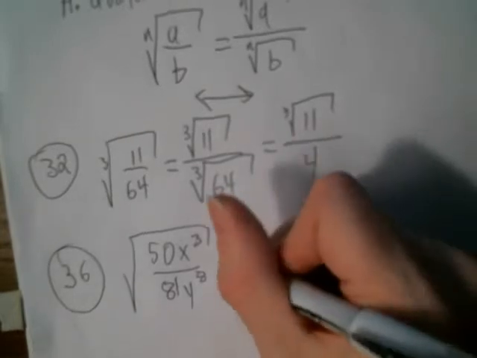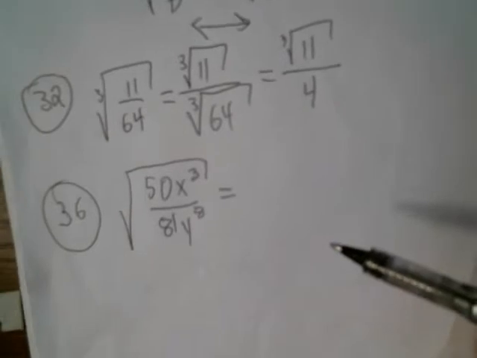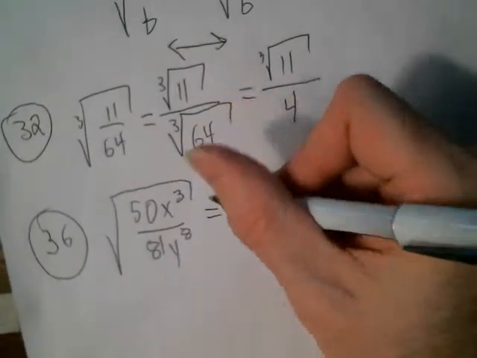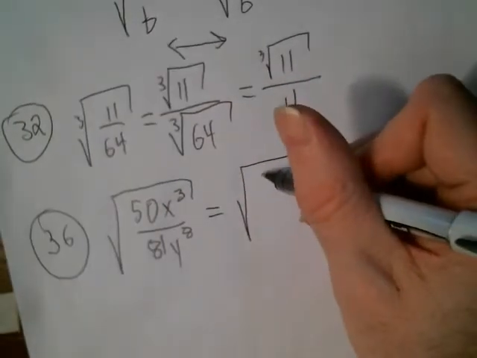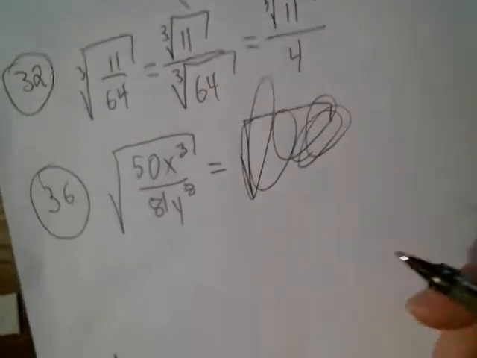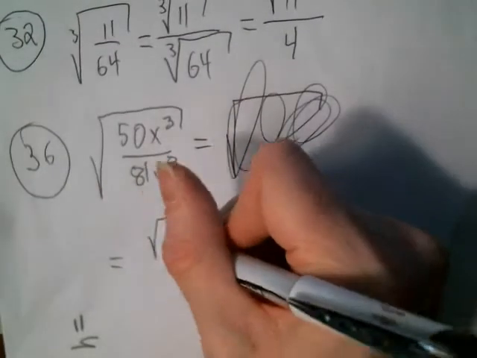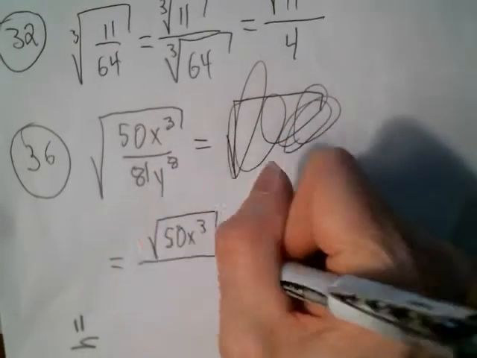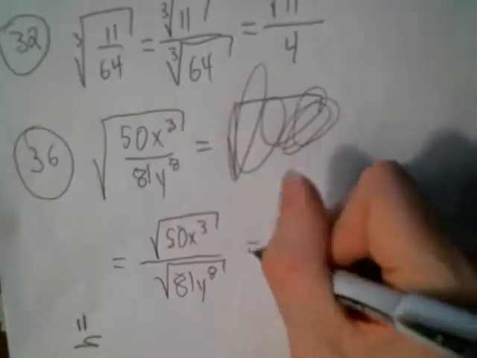Okay. You always kind of want to simplify these things before you get carried away. I think that's a good idea, but here I don't think there's going to be any simplification to worry about. We'll just split it up into 2 roots. So I have this equal to the square root of 50x cubed all over the square root of 81y to the 8th.